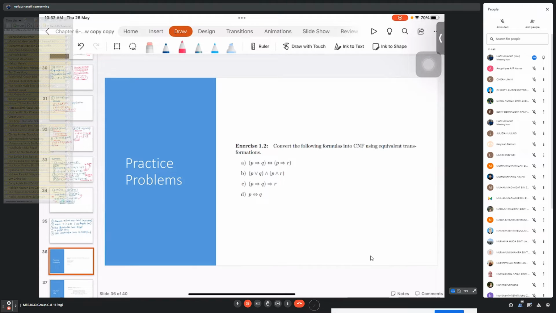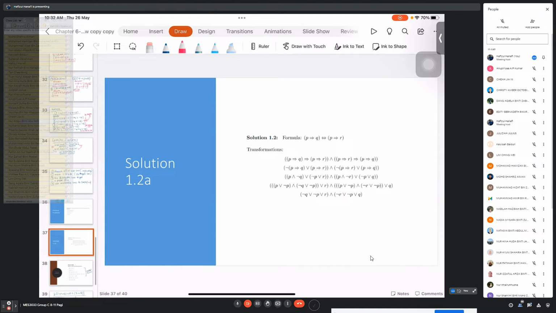Okay, this one you need to do the exercise in parallel. Okay, we have here P implies Q, and then we have P implies R is equivalent to. Okay, we have equivalent relation.